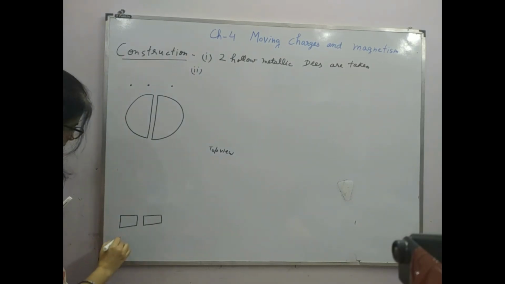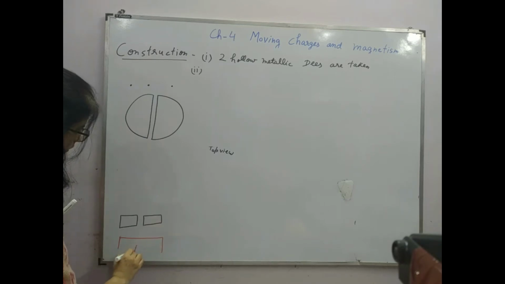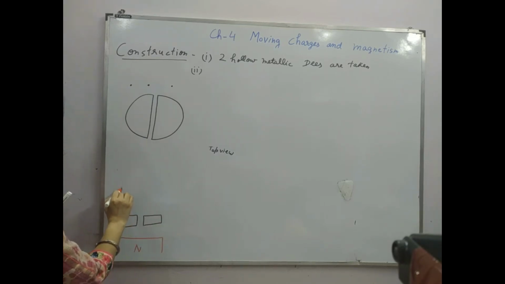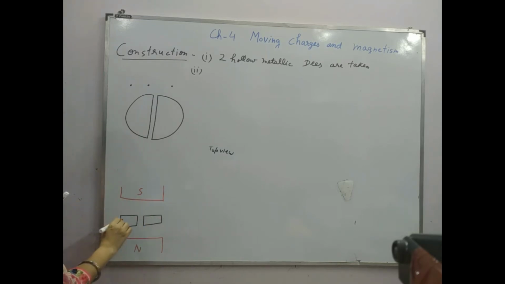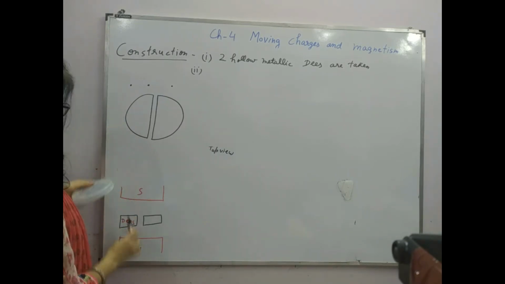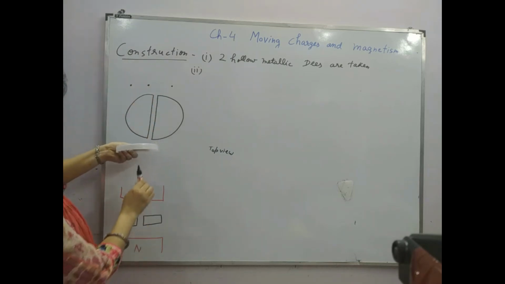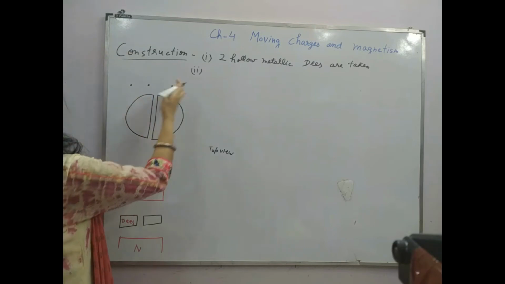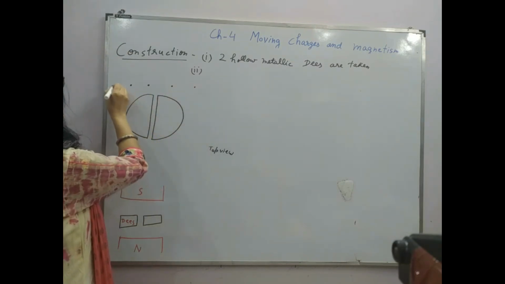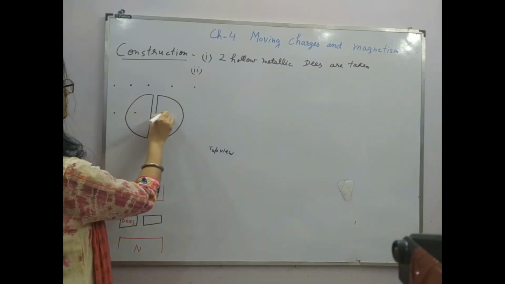So this diagram is for explanation only, okay? So this is the south of the magnet. These are the Ds, and because this is coming outward, this is north, so this magnetic field will be outward. So from here in the top view it will come outward. So I am drawing this with these dots.